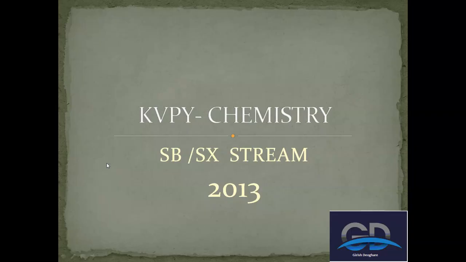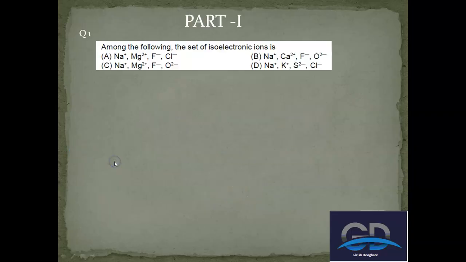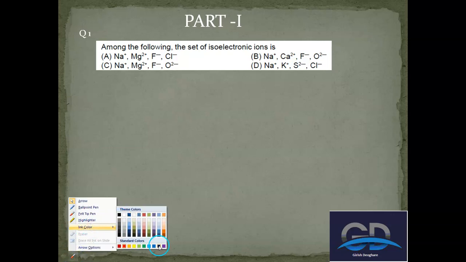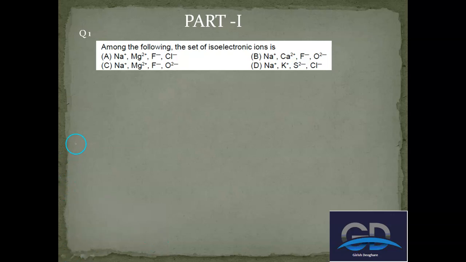So let's get started. The first question is, among the following, the set of isoelectronic ions is. As per the definition, isoelectronic ions are those which have the same number of electrons. Na plus, sodium plus, would have 10 electrons.